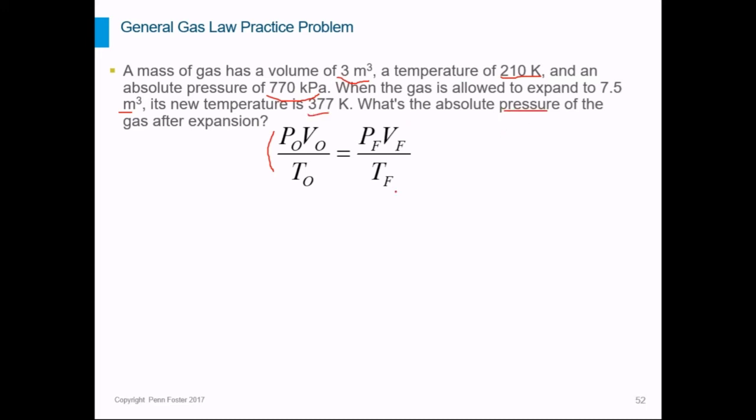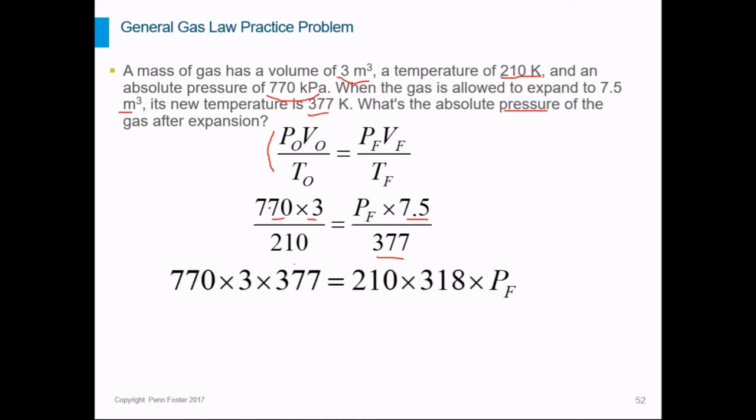So that's what's on the right side of the formula. So we just plugged all of those numbers in the right places. Okay, our original pressure and volume and temperature, and our final volume and our final temperature, and then we're solving for PF. So it's a little more math because we've got some more things going on each side of the formula, but it's still set up the exact same way as the smaller formulas.